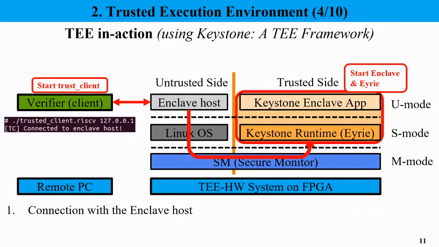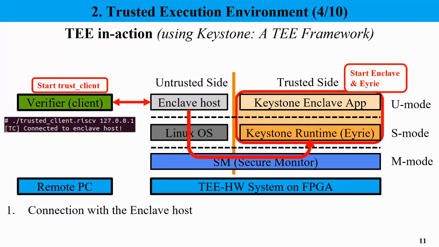This is the procedure where first the client tries to do an attestation. It performs an attestation request, and the client host will communicate with the Keystone runtime, named RT, and everything is done using the Keystone API.